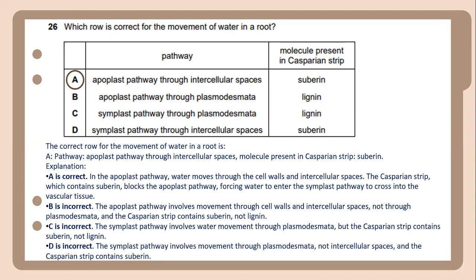So B is incorrect because the apoplast pathway involves movement through cell walls and intercellular spaces, not through plasmodesmata, and the Casparian strip contains suberin. And C is also incorrect because the symplast pathway involves water movement through plasmodesmata, but the Casparian strip contains suberin.